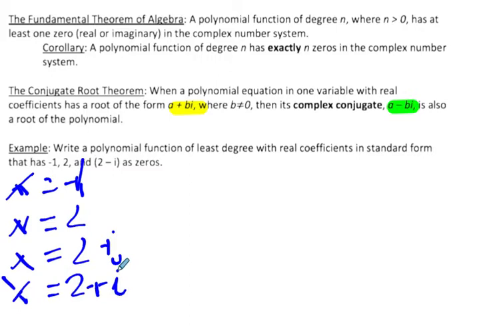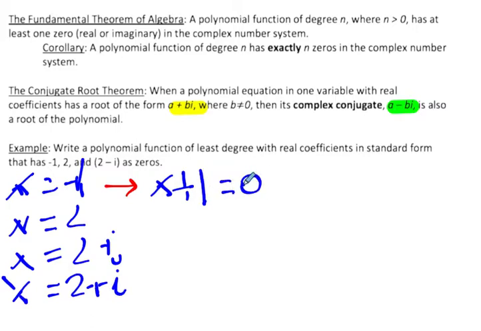If you think with me about the process of solving, each of these solutions would have come from a place where they were originally set equal to 0 and then solved. So we're going to work towards getting those now. If I got the answer x equals -1, that would have come from the factor x plus 1 equals 0.